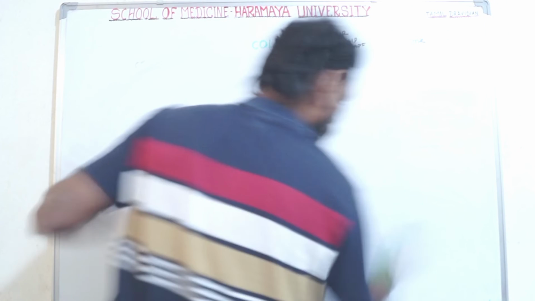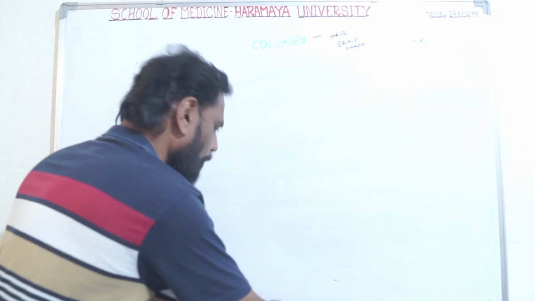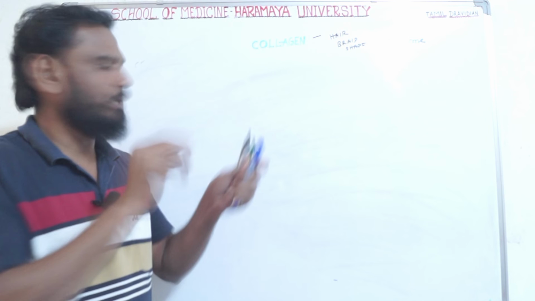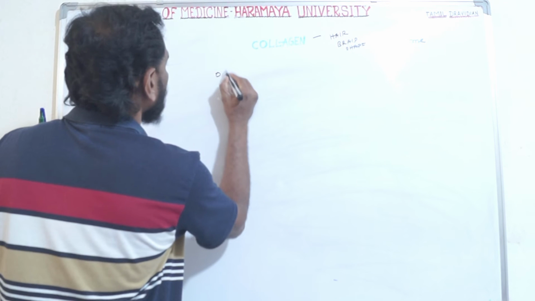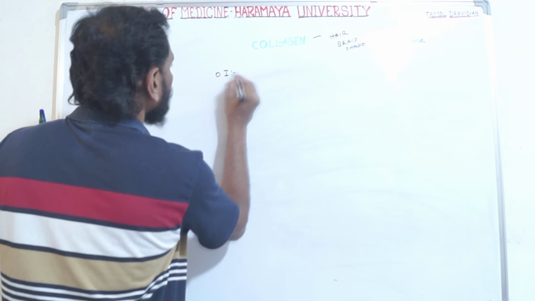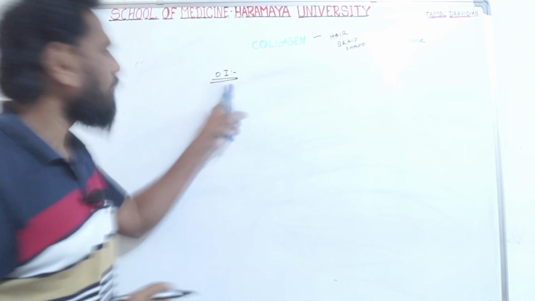Abnormality of collagens occurs only when there is a mutation in any one of the genes. That is called abnormal collagen. First one is called osteogenesis imperfecta.